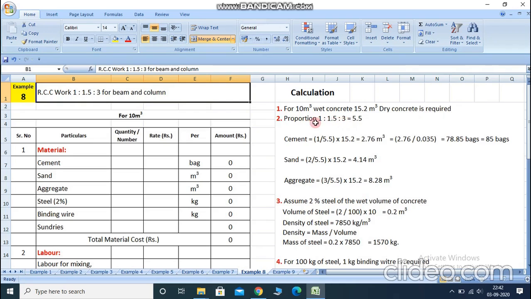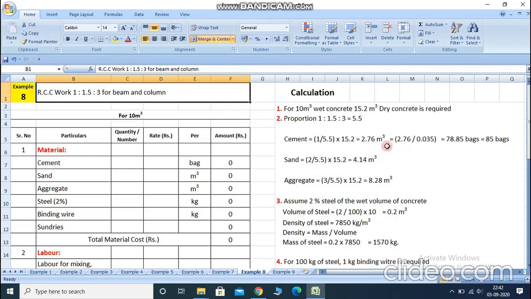The proportion is 1:1.5:3, so 3 plus 1.5 plus 1 is 5.5. For the cement quantity, write 1 divided by 5.5, multiplied by 15.2. So we got 2.76 meter cube.